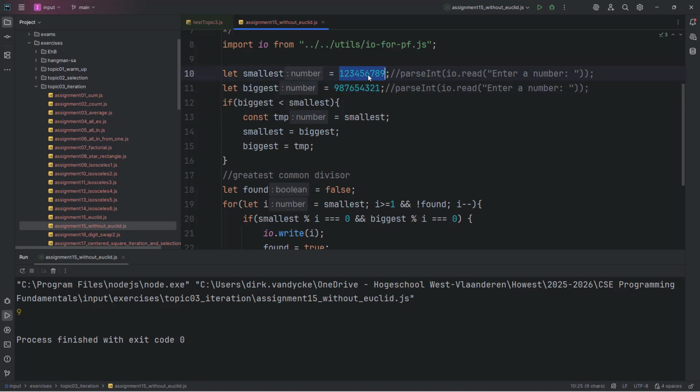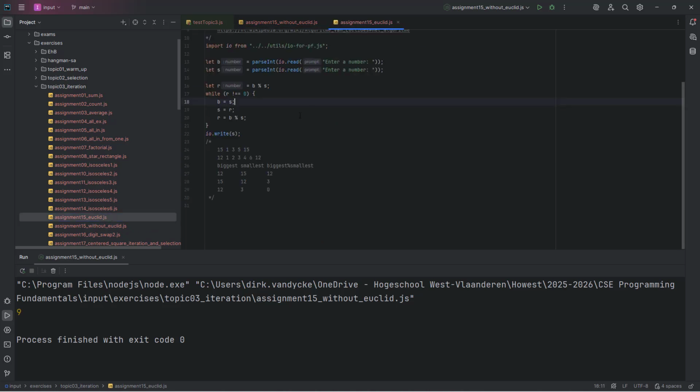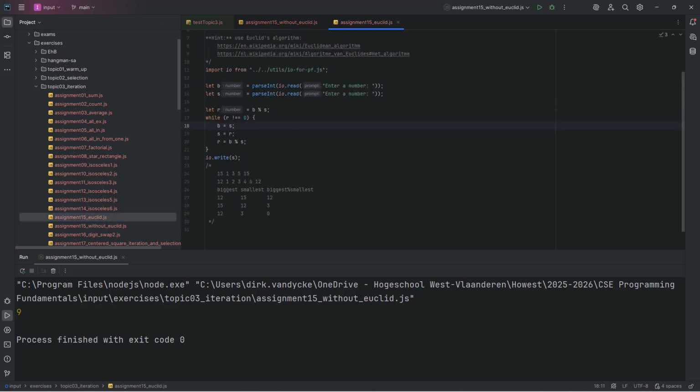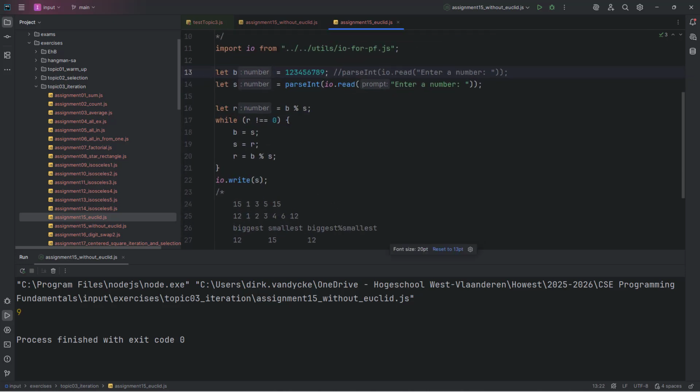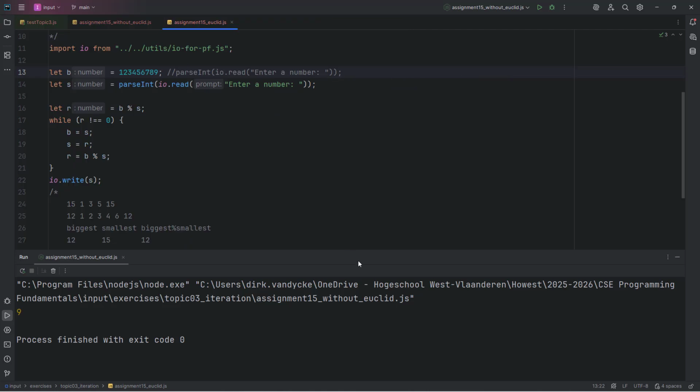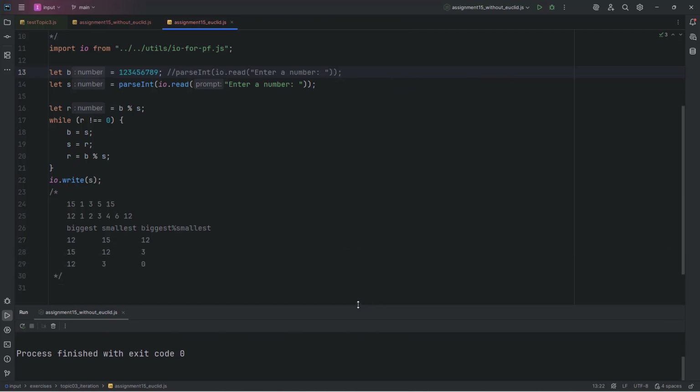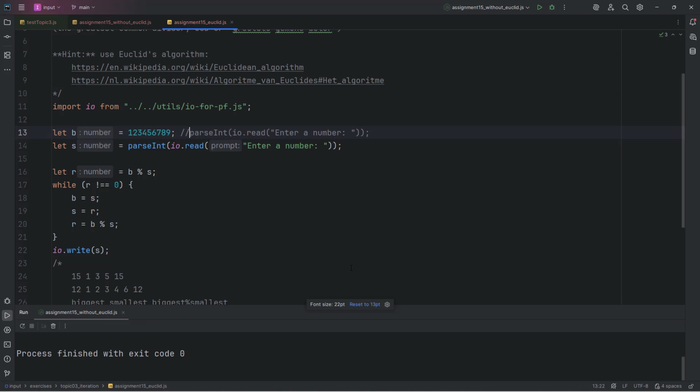Now I can just check that with my earlier example. Okay, and so let's for a moment check with these numbers if I get the same result, because this is Euclid's algorithm, remember? Let's make some room. Okay.